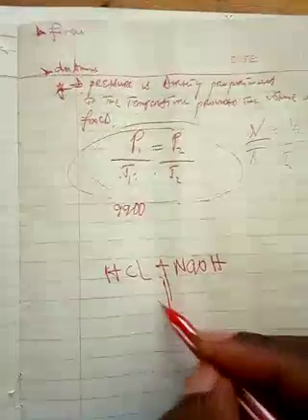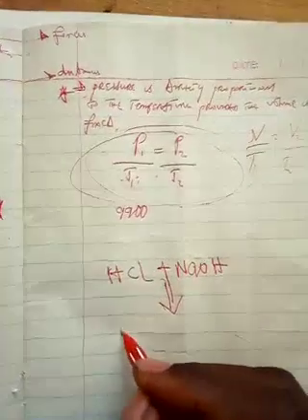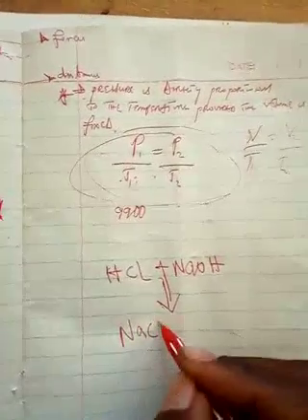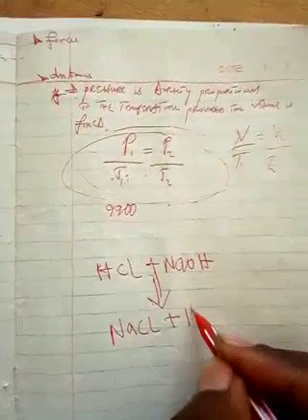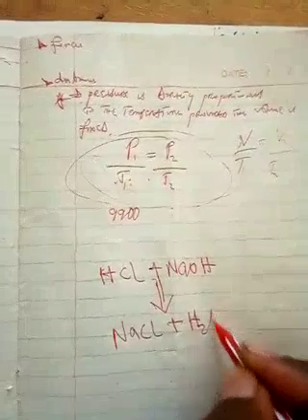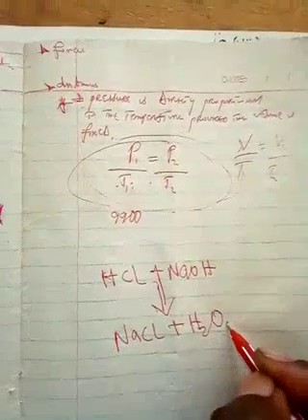When hydrochloric acid is reacted with sodium hydroxide, our products here are going to be sodium chloride plus water, which is just going to be H2O, like this.